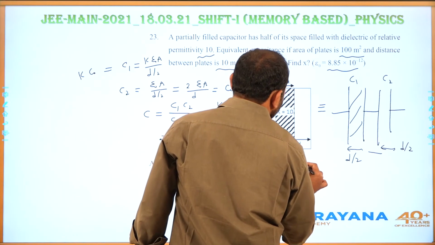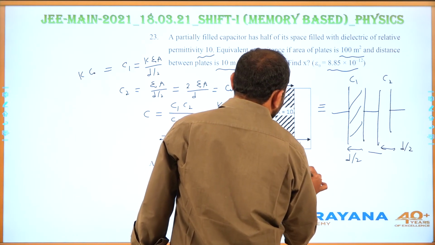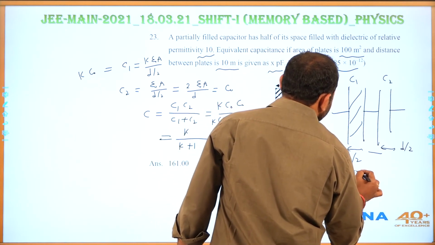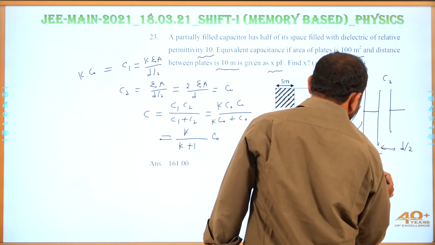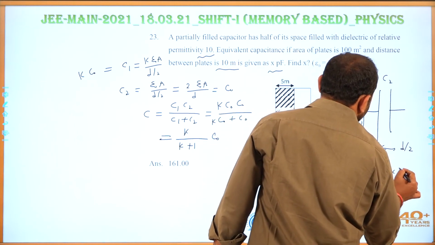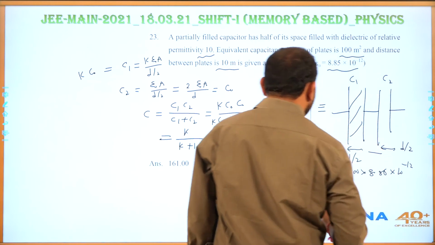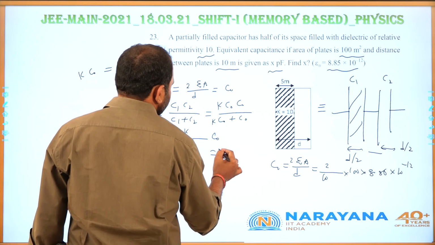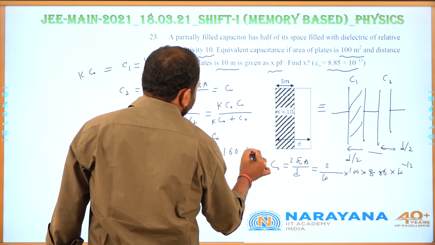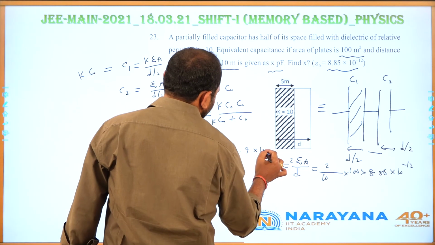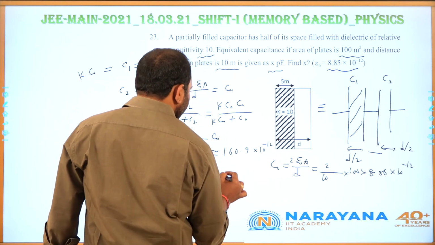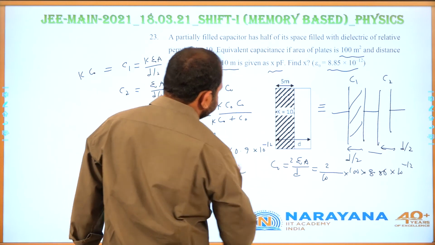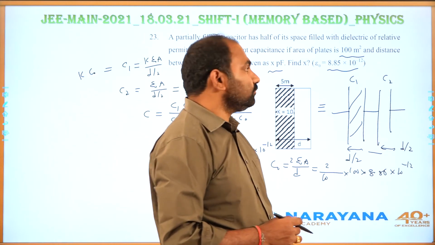C naught equal to 2 times of epsilon naught A by d, with d given as 10, area given as 100 meter square, and epsilon naught value 8.85 into 10 power minus 12. Substituting this value in this expression gives nearly 160.9 picofarads. So it can be rounded off to 161 nearly. Let us go to the next question.